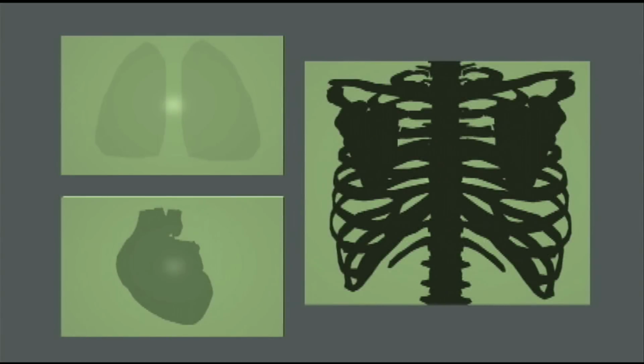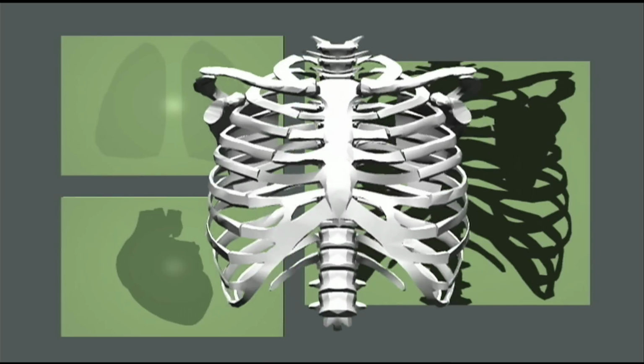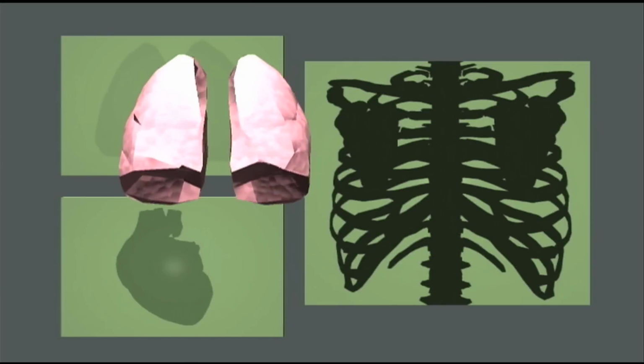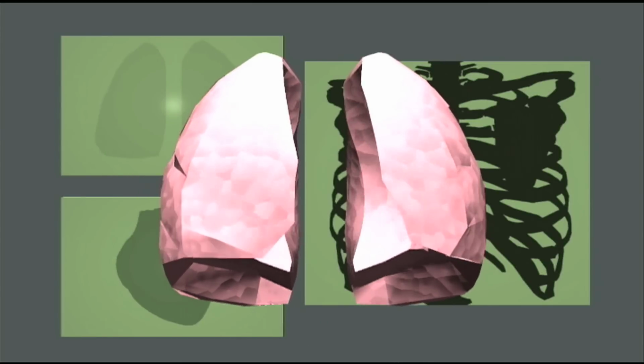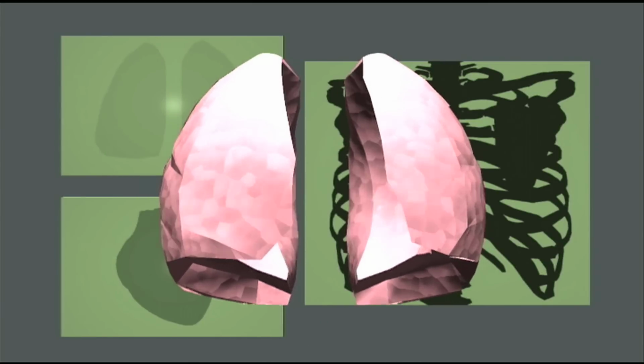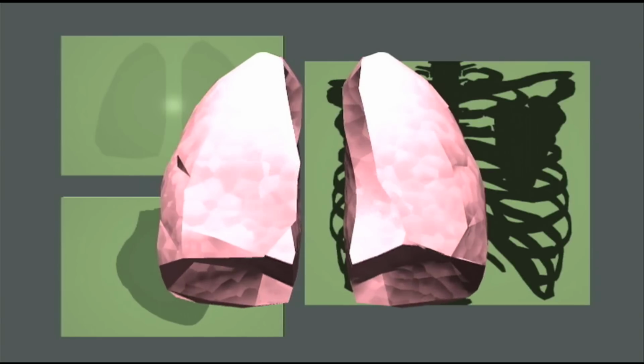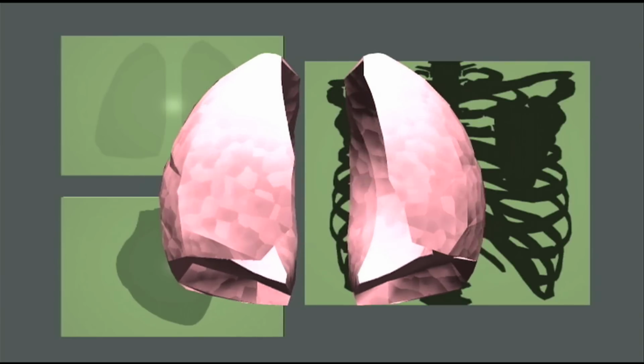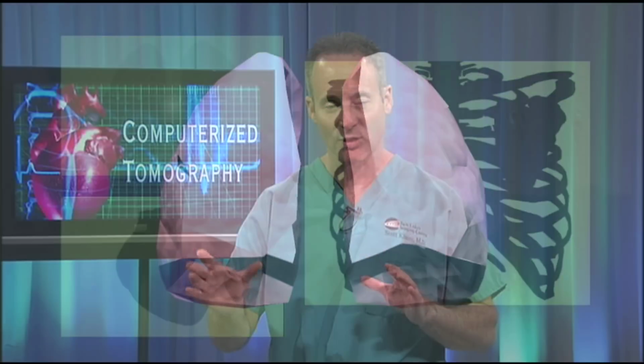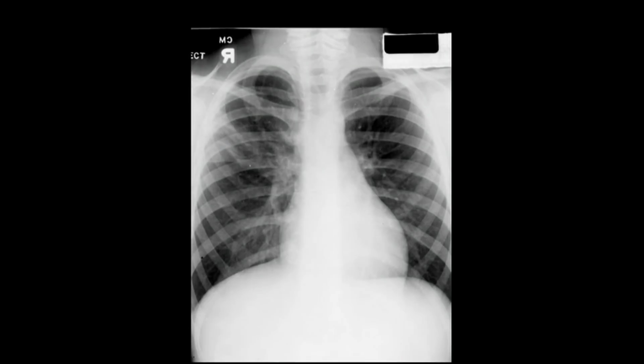So on a sheet of film, the bone is going to show up white. The lungs that are filled with air block very few of those X-rays. Most of them are going to pass through the lung and onto that sheet of film, so the lungs are going to show up very, very dark. And that contrast between the bone and the air gives us an image on a sheet of film.